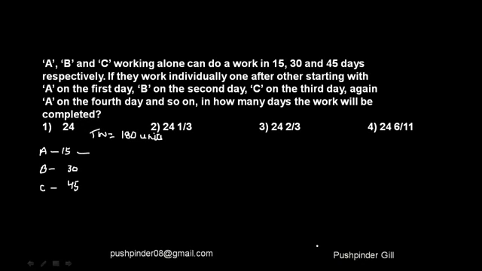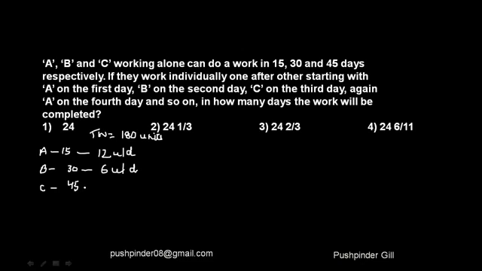If A is able to finish the job in 15 days, that means he's going to finish 12 units every day. And if B is able to finish the job in 30 days, he's going to finish 6 units every day.